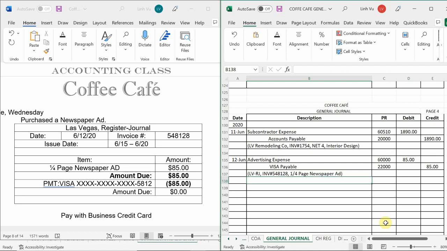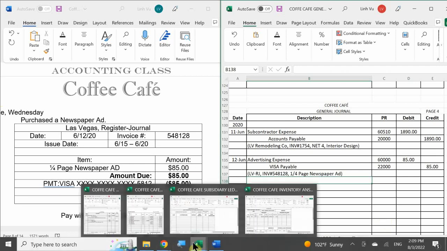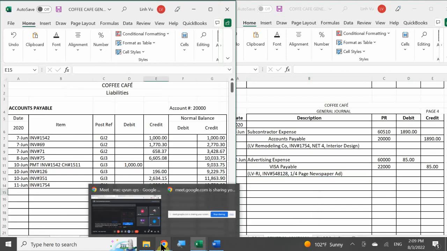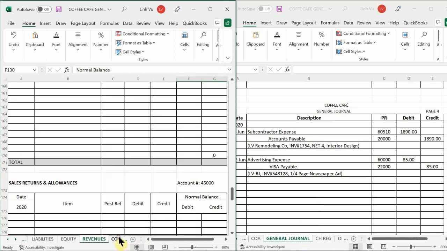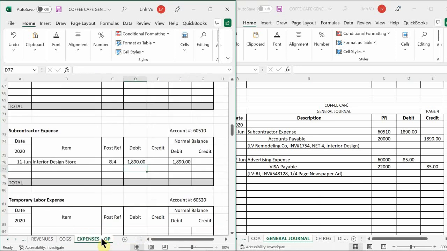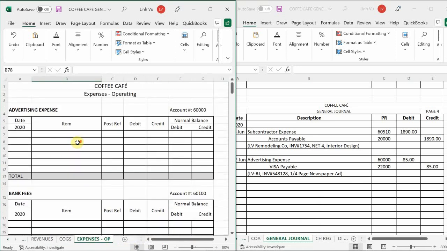So let's go ahead and drop this into our ledger. In this case, we have an operating expense. We purchased some advertising.